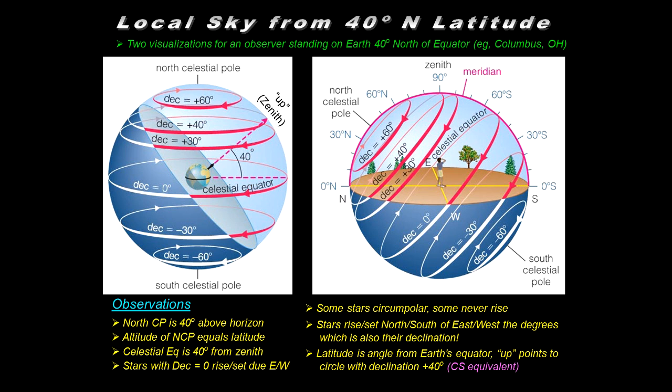And finally, the latitude is the angle from Earth's equator. That's actually the equivalent of the celestial equator. And up points to your zenith, and that's the circle with declination of 40 degrees, which is your latitude.